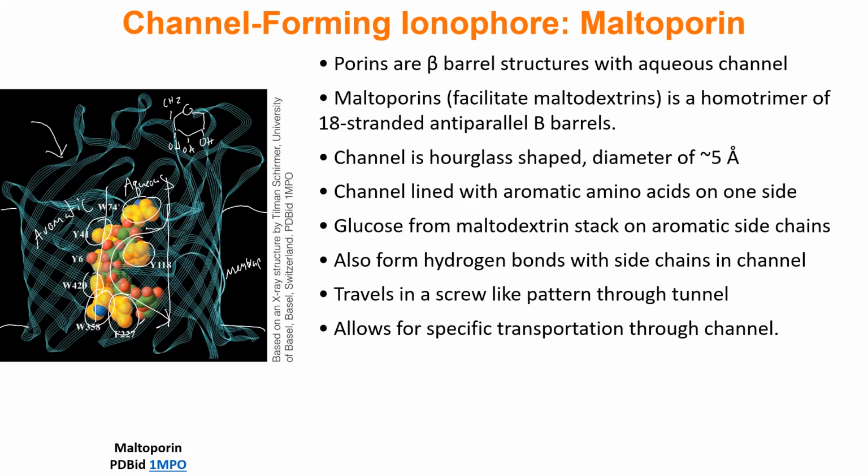They're specific for one type of sugar only. So that's a porin. Porins are beta-barrel structures, and our maltoporins only allow these maltodextrins. In case you've never heard that word before, dextrin is just a fancy way to say sugar. So it's allowing these malto sugars to go through our channel. It does it through these aromatics and hydrogen bonds.